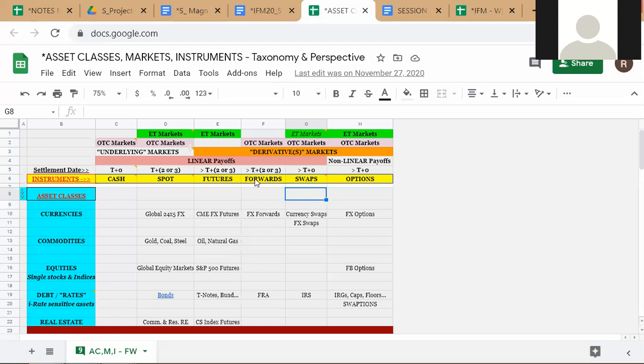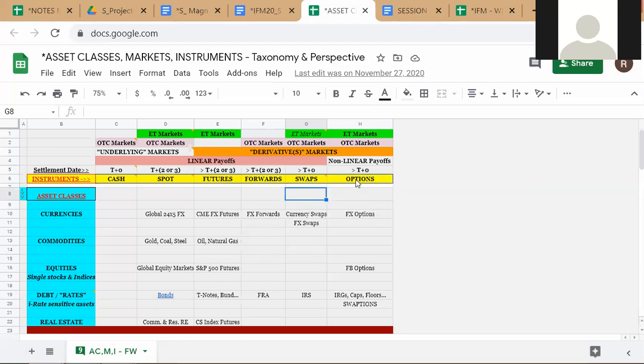It could be 3 months, 6 months, or 12 months. Sometimes in FX, you can even get 5 years or 10 years forward, FX forwards. A fairly liquid market actually, at least up to 5 years. So there's only one cash flow on the settlement date. Otherwise, futures and forwards are fairly similar. And of course, the other difference is that this is an OTC product, and this is an exchange traded product.